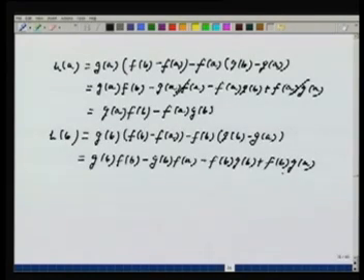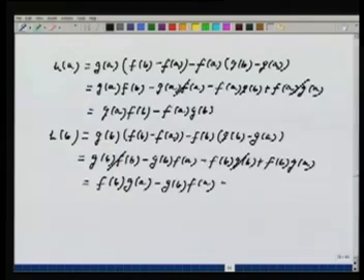Here I see f(b)g(b) cancels each other. What I get is f(b)g(a) minus g(b)f(a), which is same as h(a).